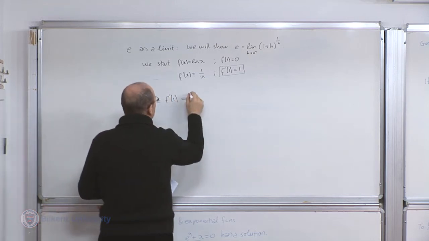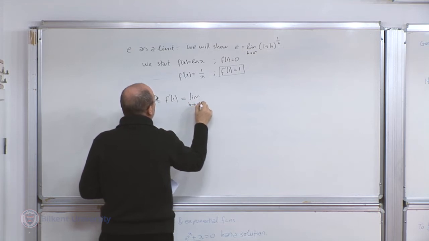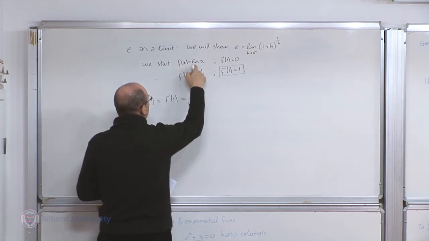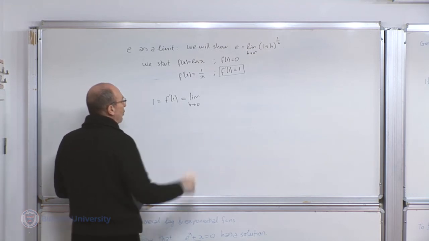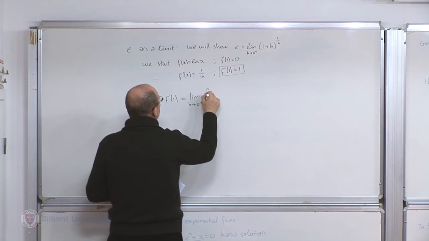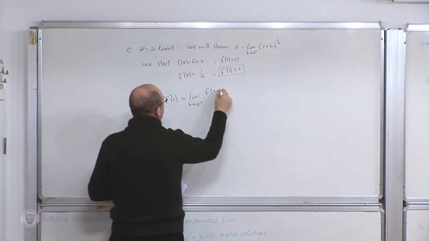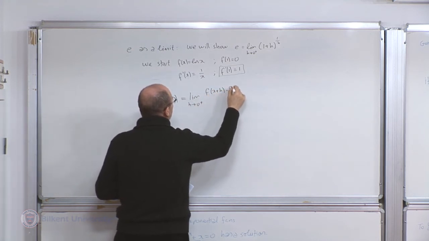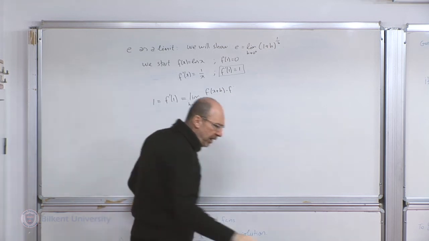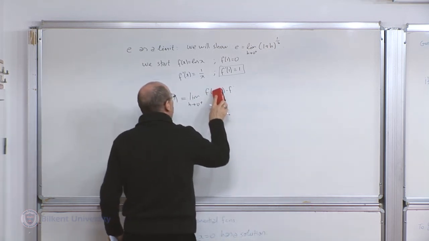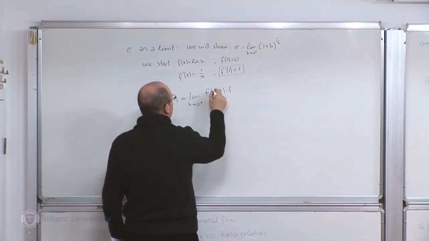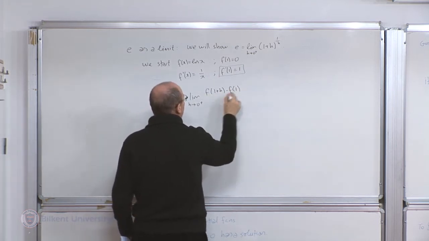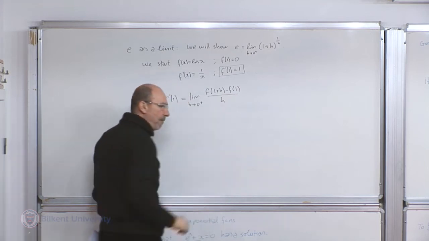So this is the limit as h goes to 0, well, it has to be from the right because f of x is always taking positive values, of f of x plus h minus f of x over h. Here x is 1, so I'm taking the derivative at 1: f of 1 plus h minus f of 1, over h.